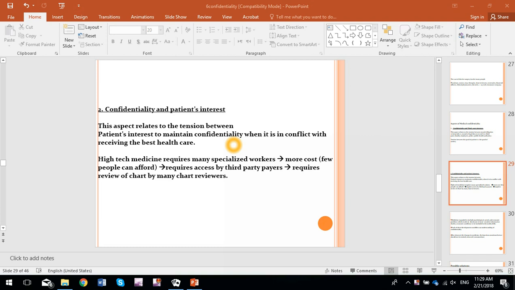For example, now all the procedures became automated. If you ask for an ECG for the patient, you have to write the justification on the computer. What are the justifications for ordering an ECG? Otherwise, the program will not accept the order.